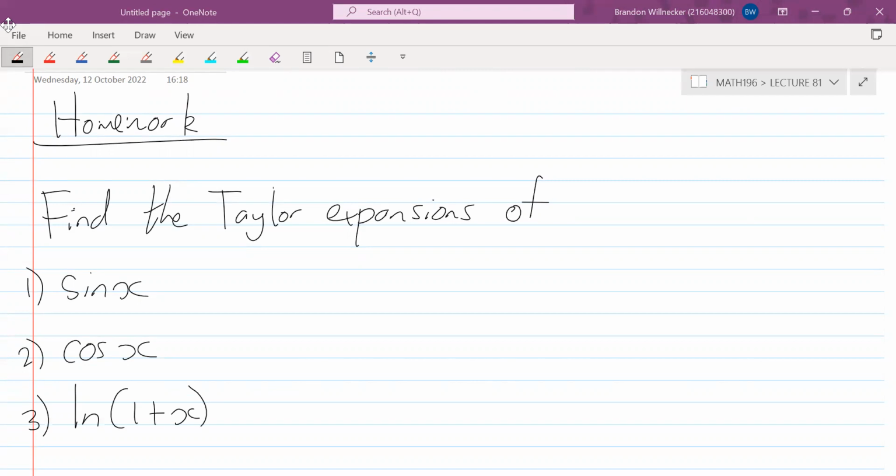Just one more thing before we stop with this Taylor expansion, and that's just a little interesting side note. If we take the Taylor expansion of certain functions and we let x be some fixed value, then we end up with an infinite series that converges to some value.